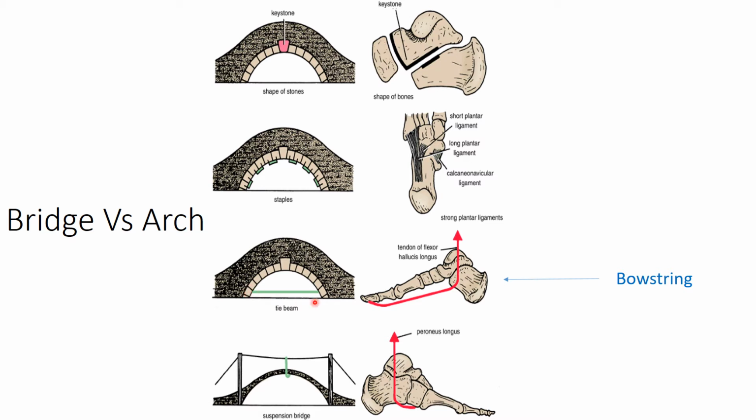Now third, the two ends are tied by a tie beam. Similarly, the arches of the foot are tied by a tie beam which runs from the posterior pillar to the anterior pillar, and these tie beams are also known as bowstrings. Like in the medial longitudinal arch, the bowstring here is the tendon of the flexor hallucis longus.